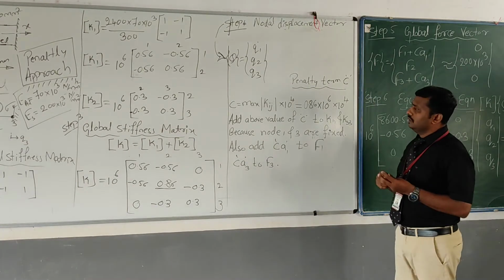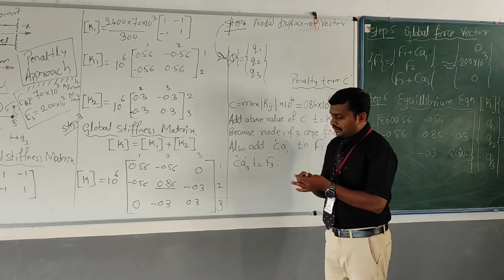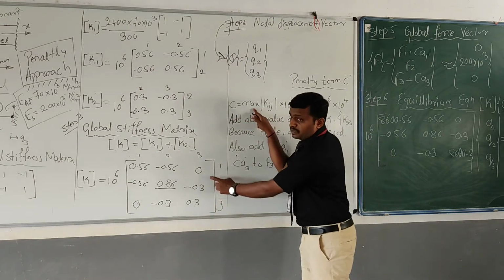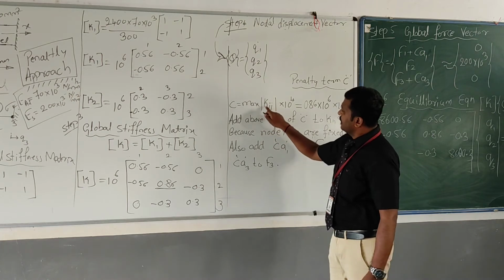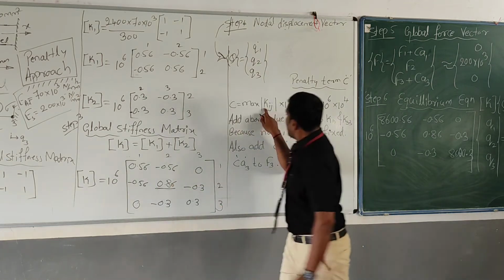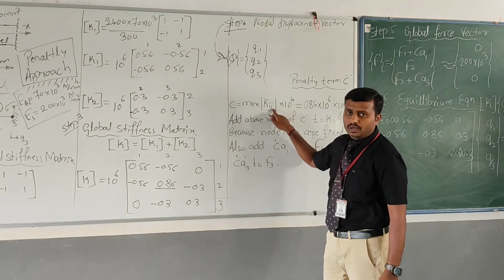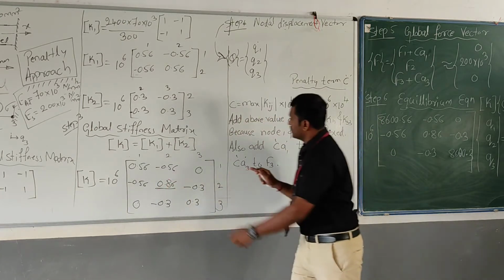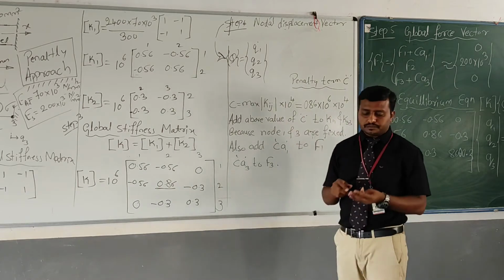How to find this one? C equal to the maximum value of the global stiffness matrix, the maximum value of Kij. K means these terms, i means row, j means column. Maximum value of this matrix into 10 to the power of 4.